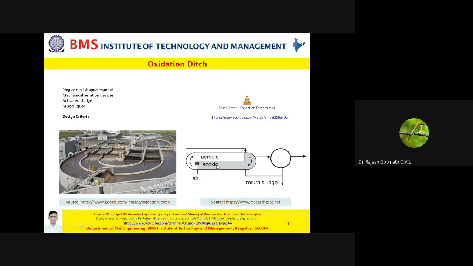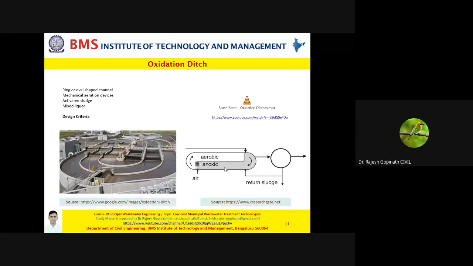Please note, depending on the requirement, one side may be aerobic, wherein you have aeration being provided, and the other side will be anoxic or anaerobic. So what is the advantage? You're getting the wastewater treated not just by aerobic bacteria, but also anaerobic bacteria, and yes, the facultative bacteria.